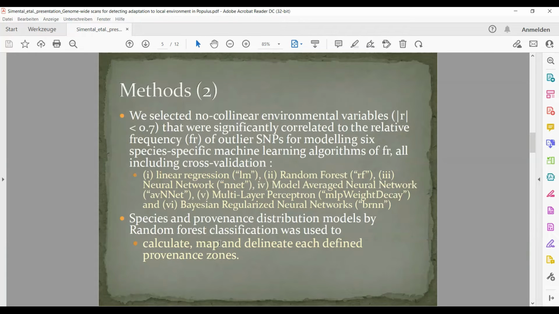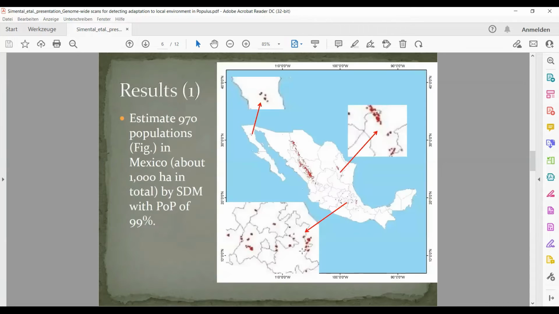And then with this information, we modeled the distribution of the species and their provenances using random forest classification to calculate the map and delineate each defined provenance. So, well, first we found 970 populations.